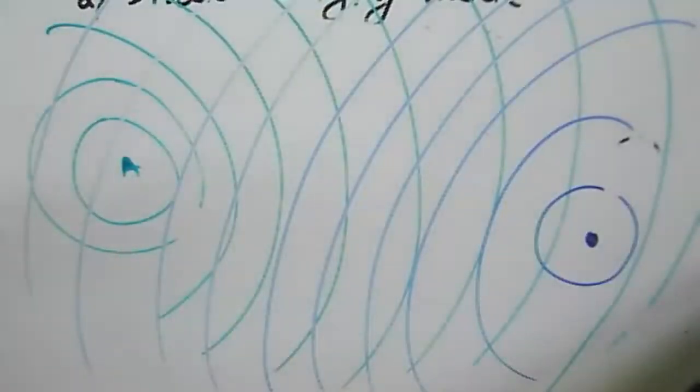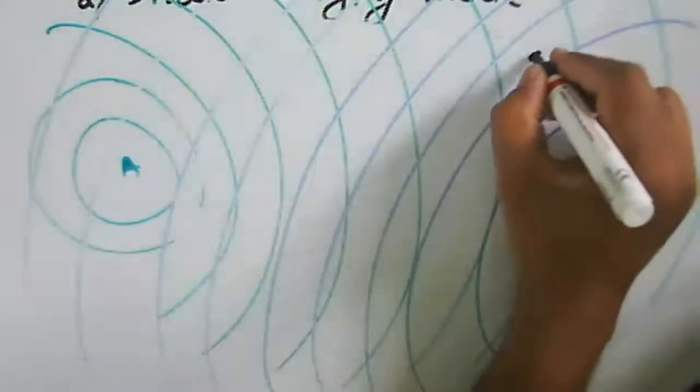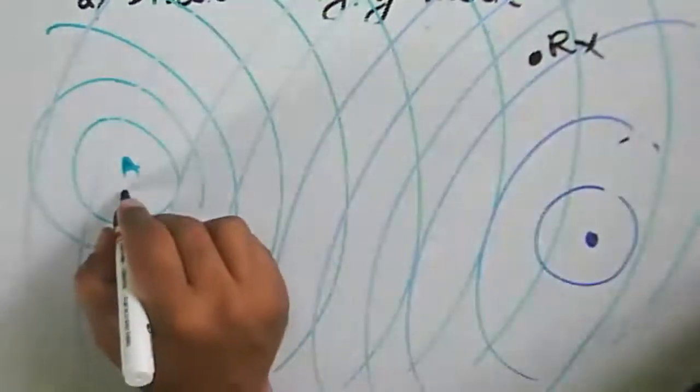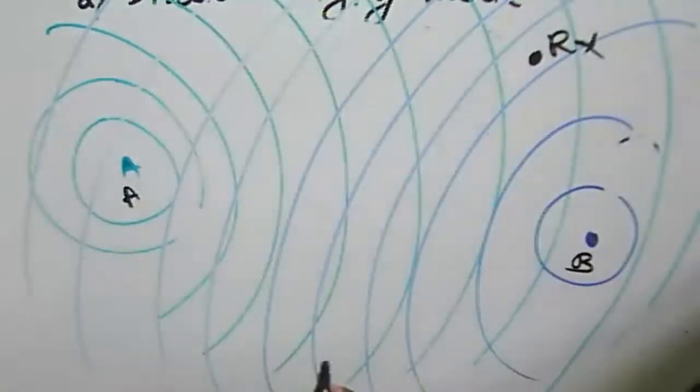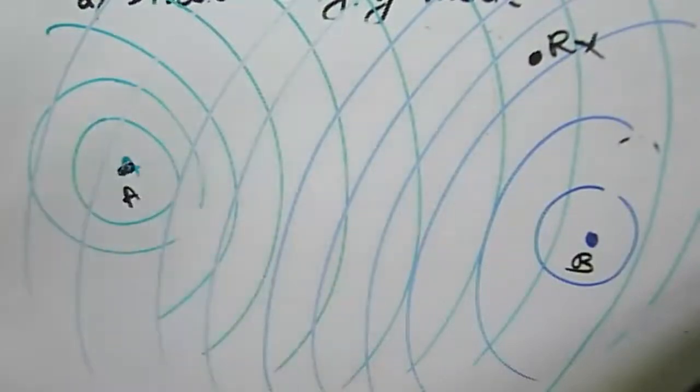And at some particular point, suppose there is an observer, or we can say an omega receiver. Suppose the omega receiver is present right now. That is the omega receiver, and these are the two transmitting stations, A and this one is B. Then from this we need to find out what the distance will be.